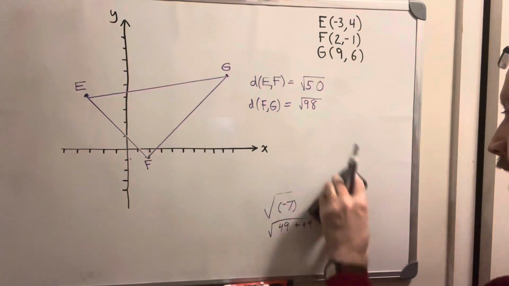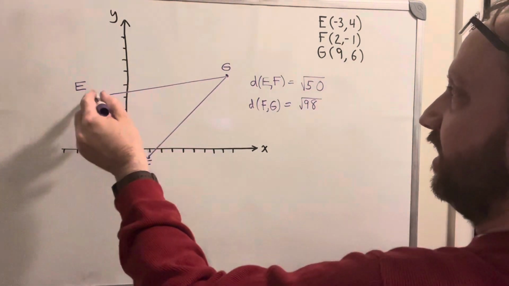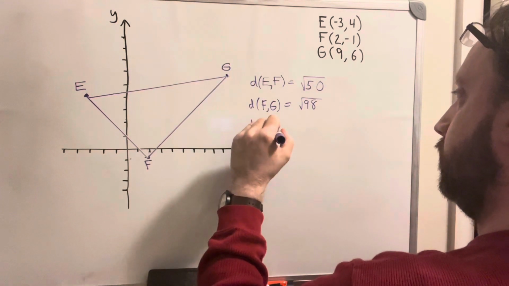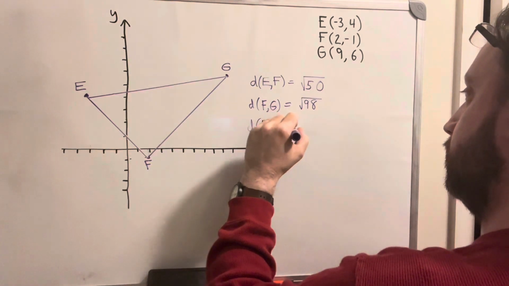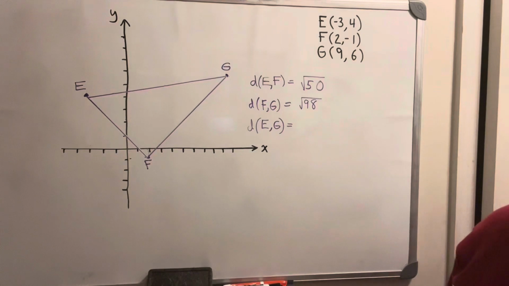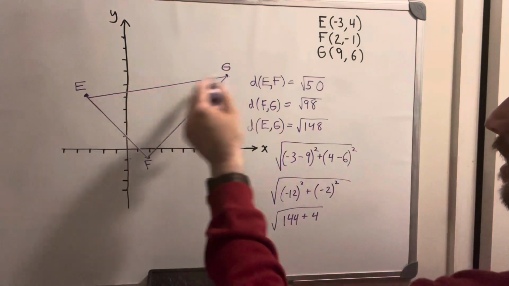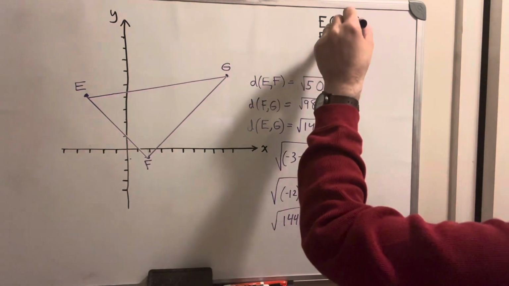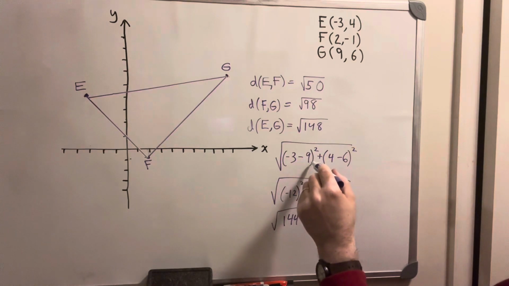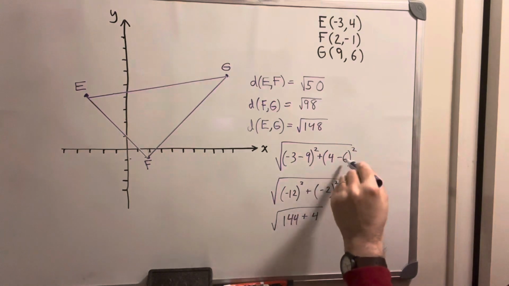Almost done. We've got to find out the distance between points E and G now. Okay, try to figure that out. I'll pause the video. So here it is. The distance between E and G is the distance between -3 and 9 squared plus the distance between 4 and 6 squared.